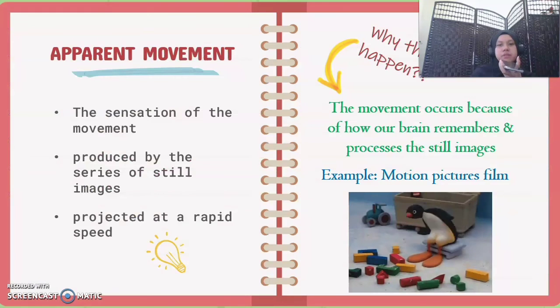So apparent movement is the sensation of movement. It is produced by a series of still images projected at a rapid speed.